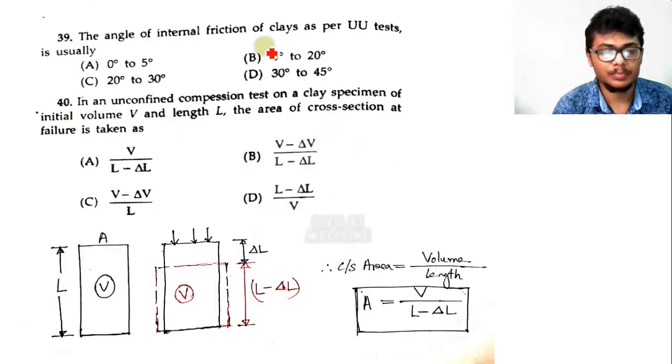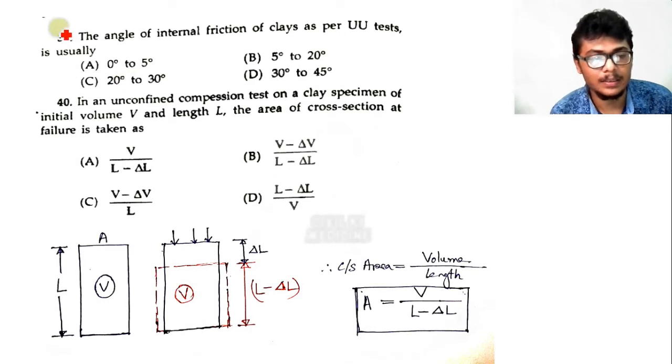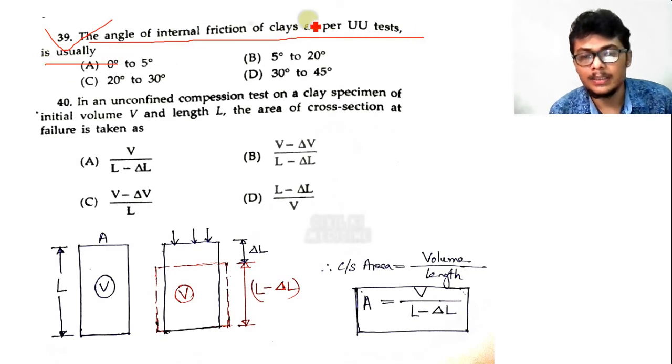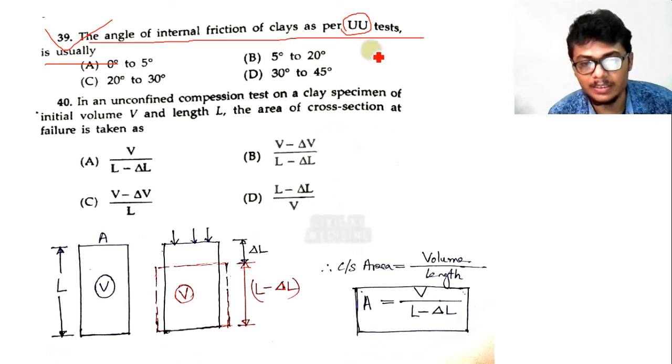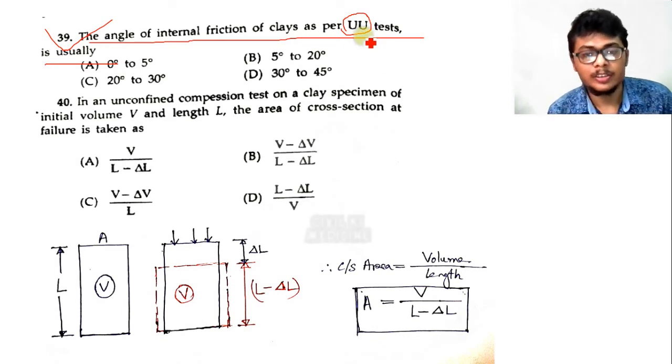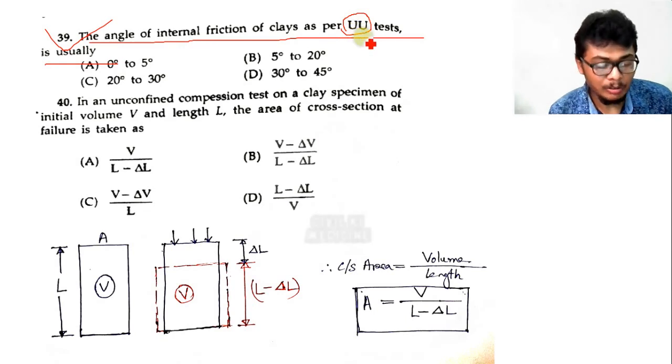My next question is 39. The angle of internal friction of clay as per UU test is usually. Let's see what the UU test is. UU test means unconsolidated undrained test, where drainage is not permitted. So during the UU test no drainage is allowed.